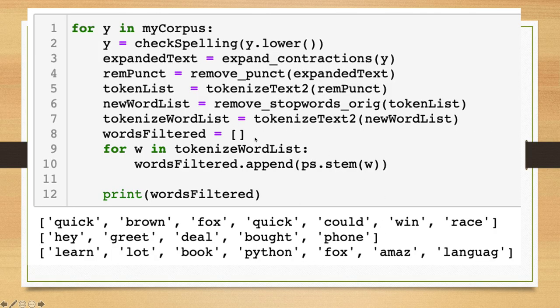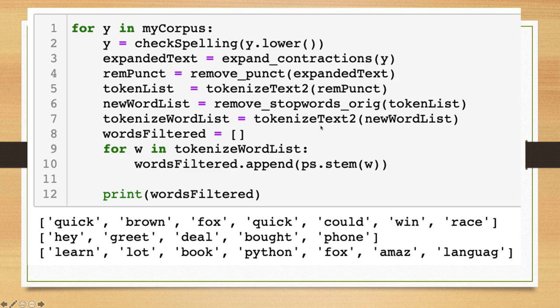We already have the tokenized text, and we already removed the stop words in tokenized form. So what happens here? We check the spelling, we convert it to lower case, we expand the contractions, we remove the punctuation, and then we tokenize our text, then remove the stop words.